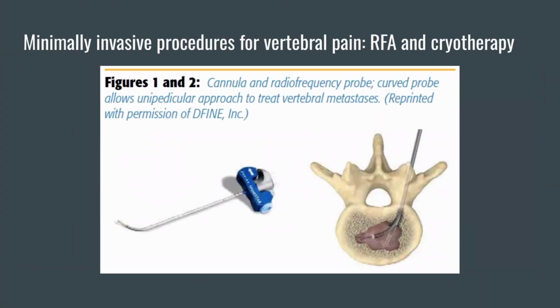I just want to take also a brief moment to discuss radiofrequency ablation and cryotherapy lesion for vertebral metastasis. In radiofrequency ablation, bone tumor or metastases are ablated using the heat generated from medium frequency alternating current.